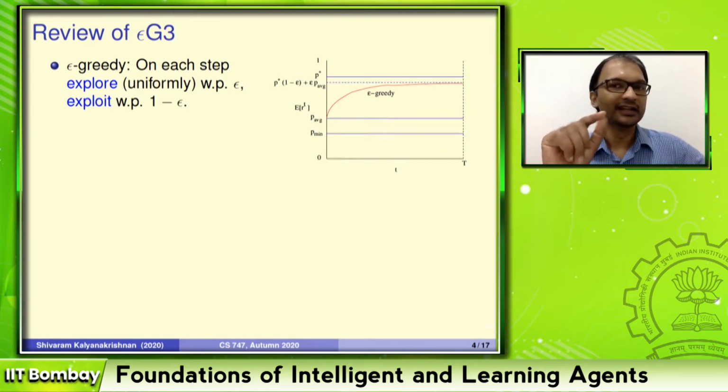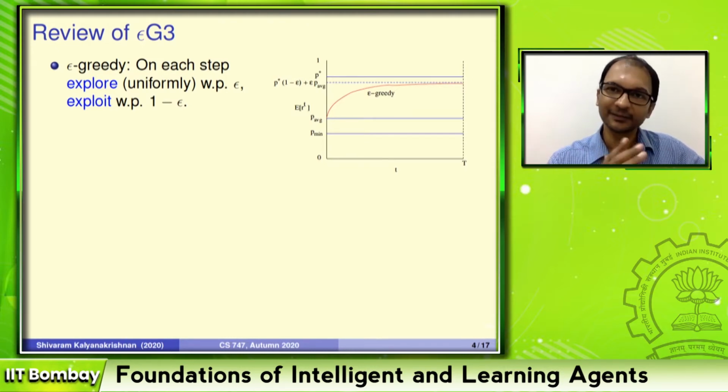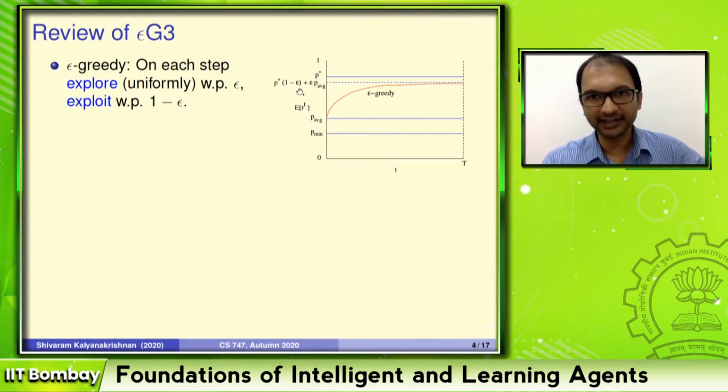Even so, the algorithm chooses to explore with probability epsilon. Okay, it's not going to make full use of its knowledge. It continues to explore with this probability epsilon forever, right? So therefore, wherever we see this graph, at any point of time, we have the assurance that the reward achieved by the algorithm cannot exceed p star times 1 minus epsilon.